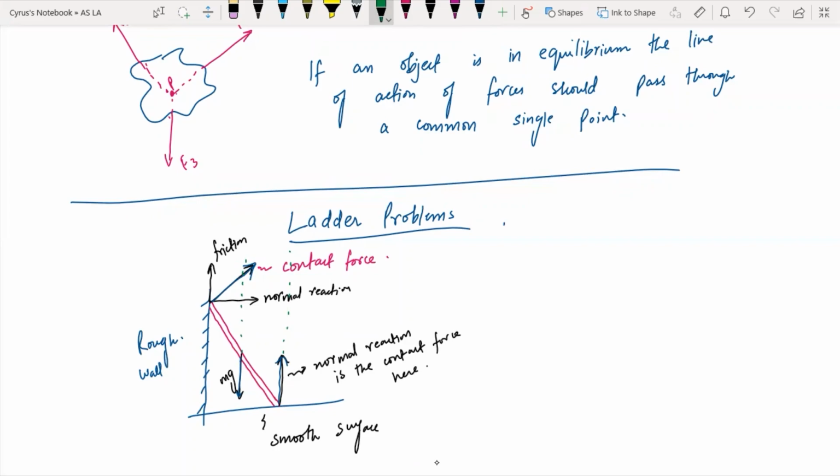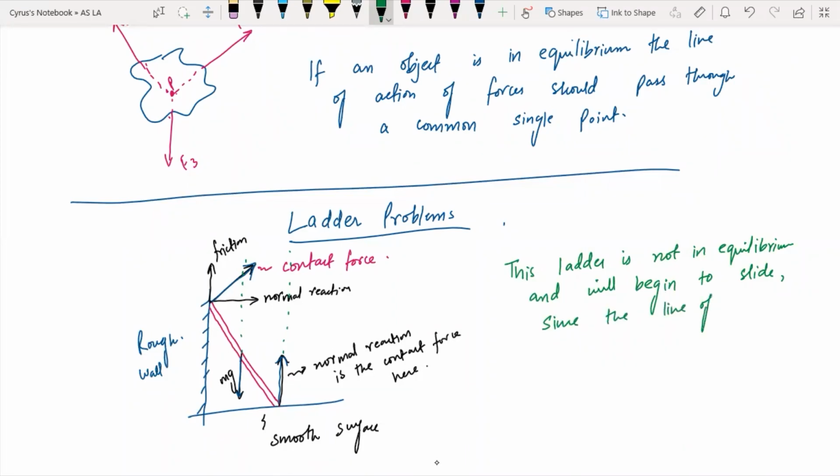No. This means this ladder is not in equilibrium. This ladder is, yes, it will fall and will begin to slide, since the lines of action of forces do not meet.